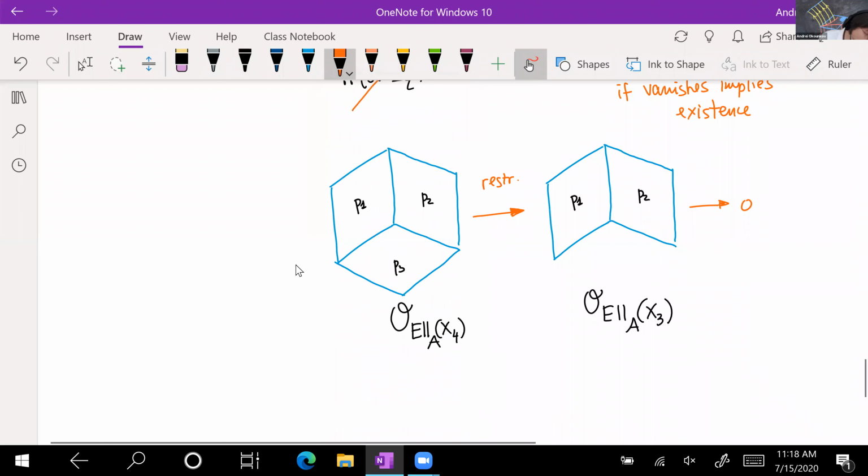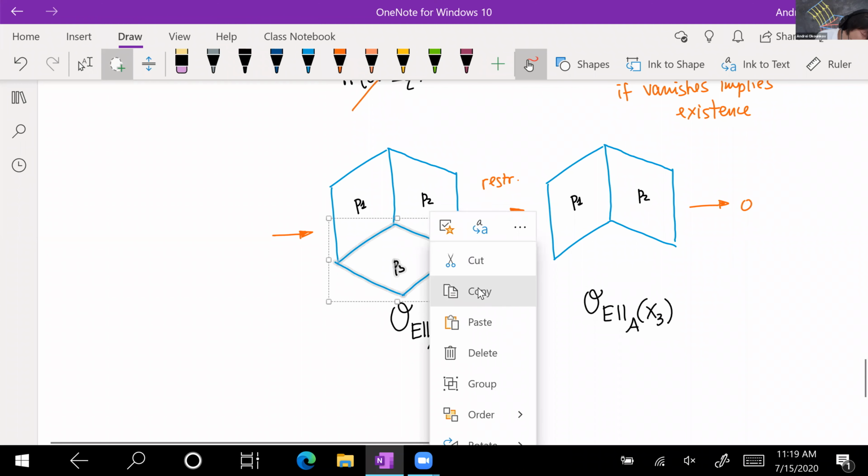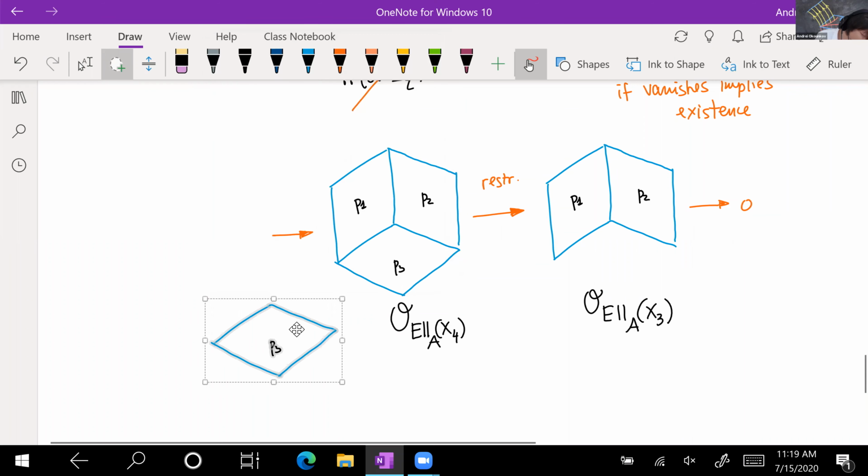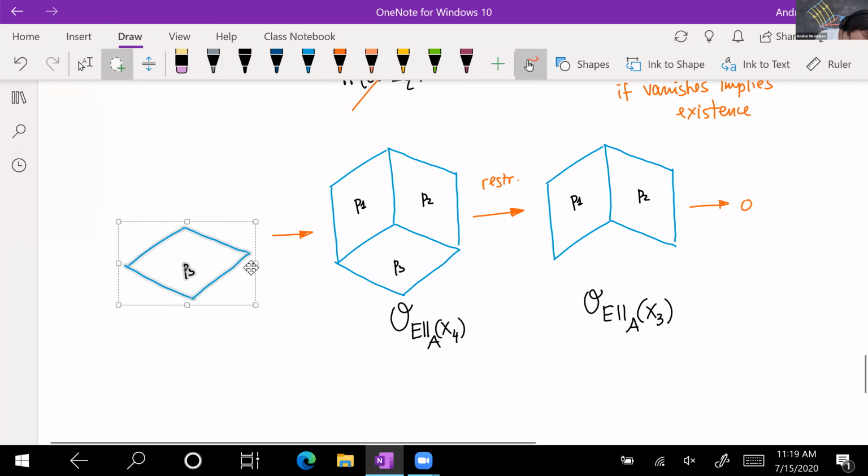And then what's the kernel? Which are the functions on this union that go to 0? Well, that's pretty clear. These are the functions on this component which vanish along the intersection.